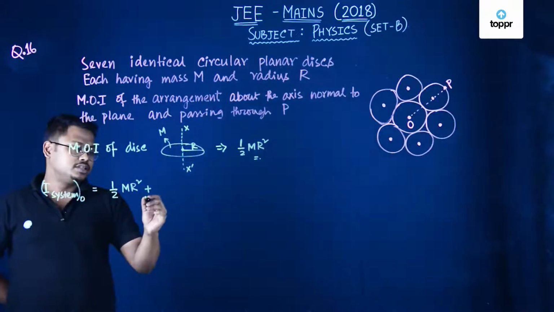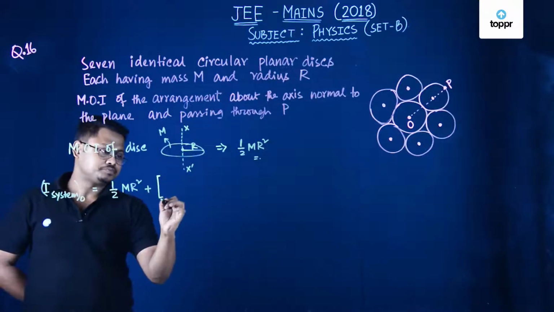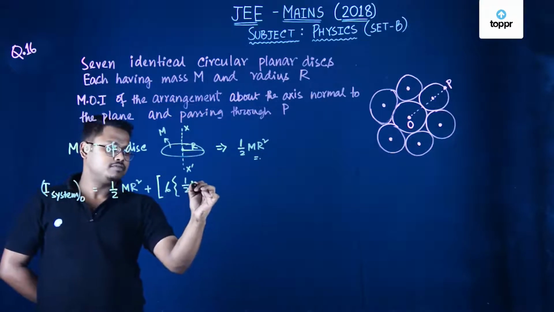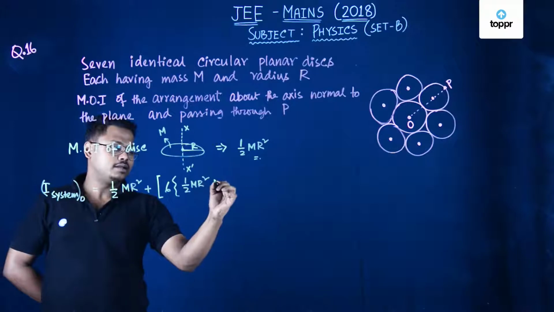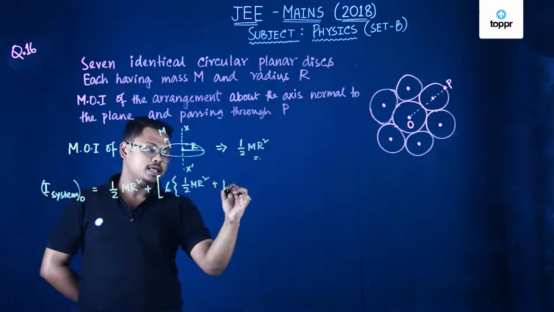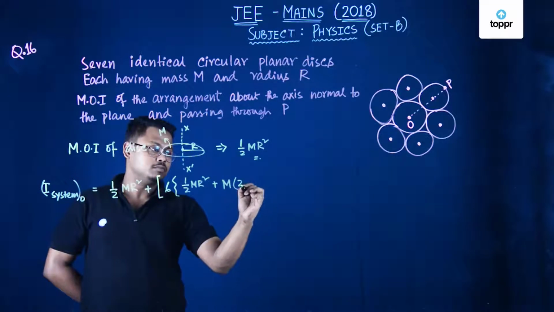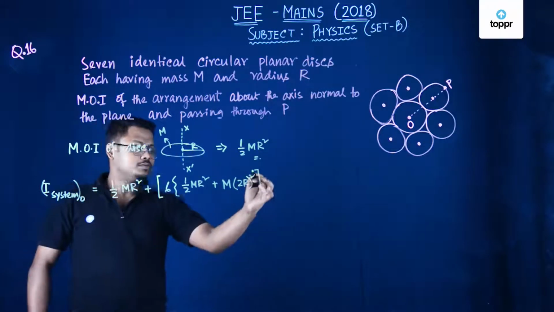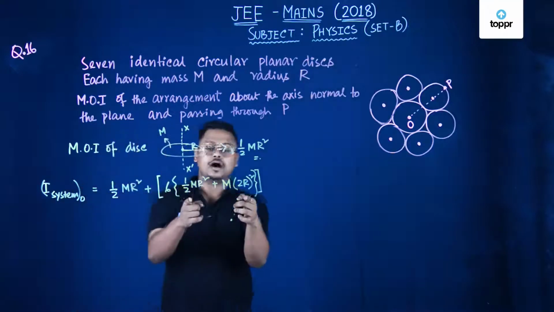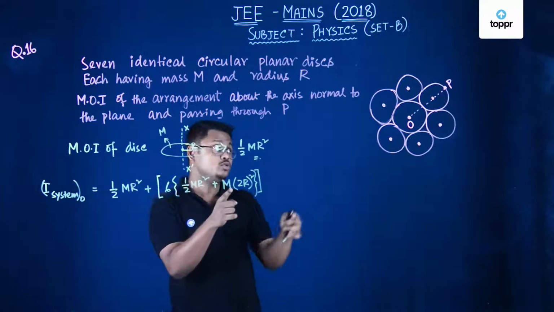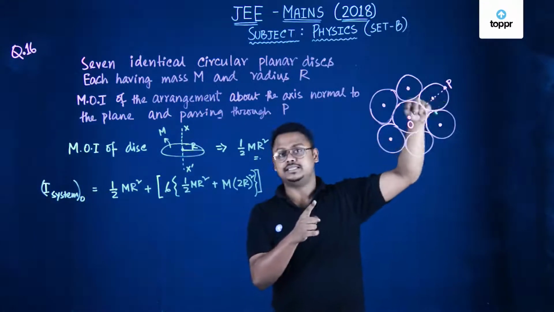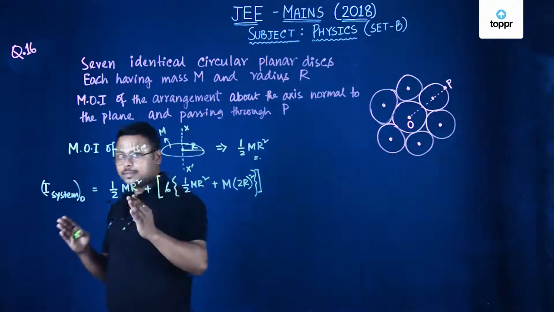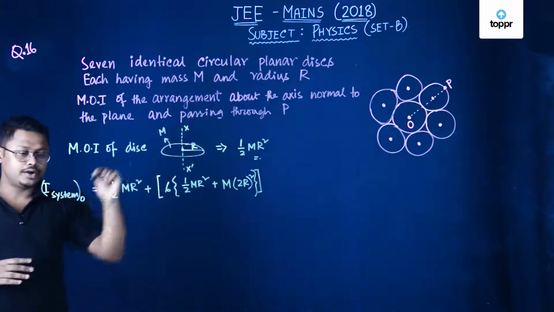So for this we will get plus 6 into half M R square plus M into twice R whole square. This particular term, half M R square plus M into 2R square, is for each disk, and we have got 6 similar disks like that, right? So this will be the moment of inertia of the system about point O.